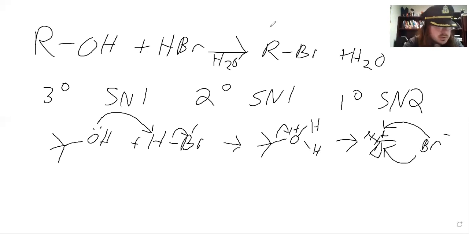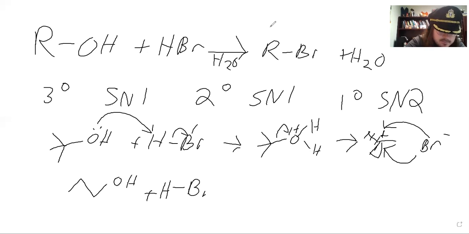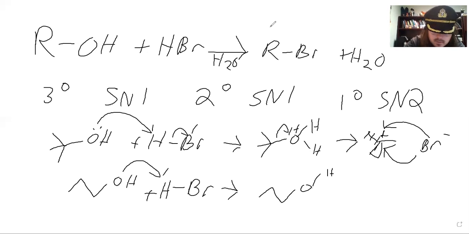Primary is forced to do backside attack. Primary still undergoes the same first step of acidifying the alcohol to make a good leaving group. But the leaving group does not leave until after the bromine attacks.